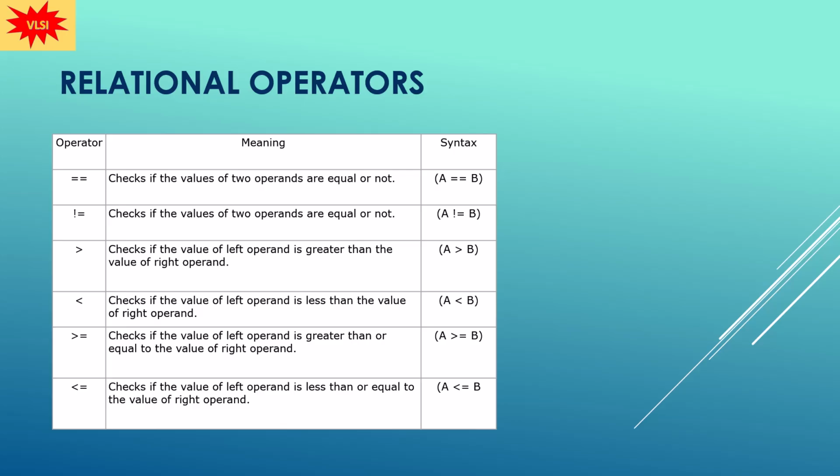So these kinds of relational operators we have. So quickly let's see some examples of these and what I meant when I told you that I use them for comparison and as a condition.